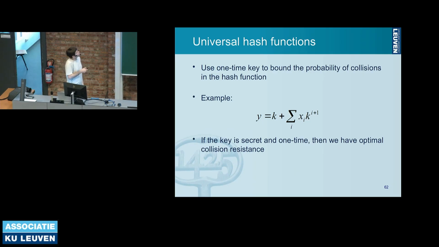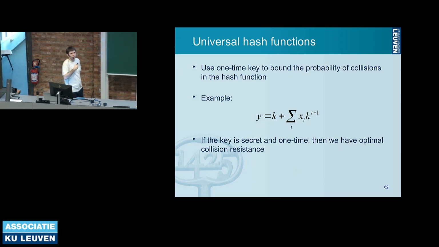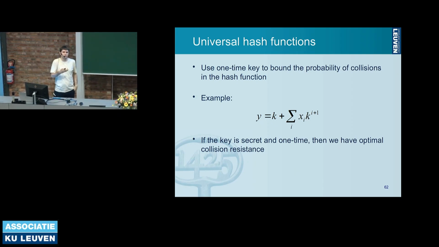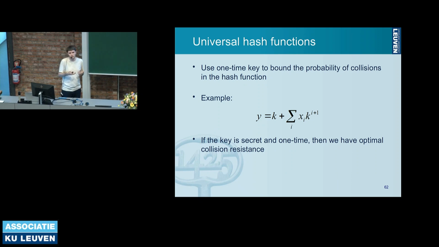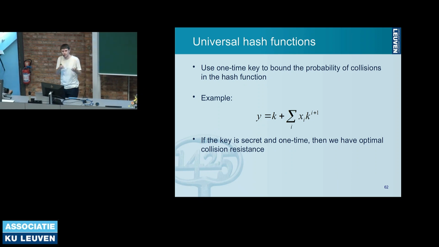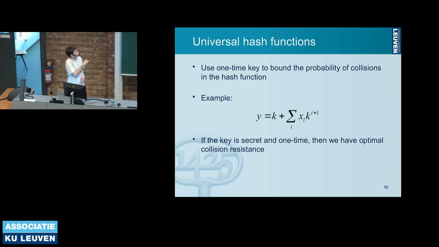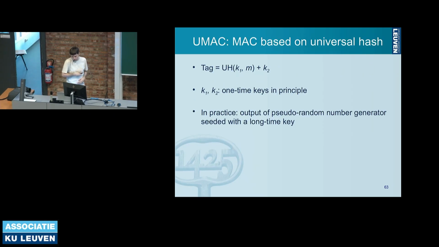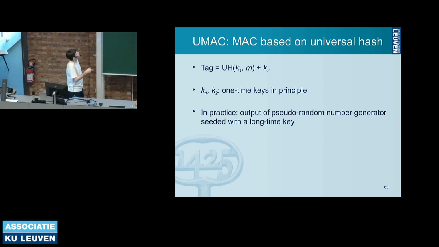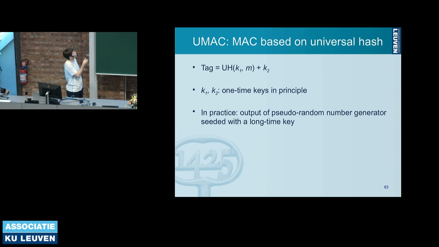But in practice, because it's a one-time thing, you would typically derive those keys from another key using a block cipher. So usually it's a combination of a block cipher to derive the key, or sometimes also to protect the output of the universal hash. This is an example of a MAC function based on the universal hash function.